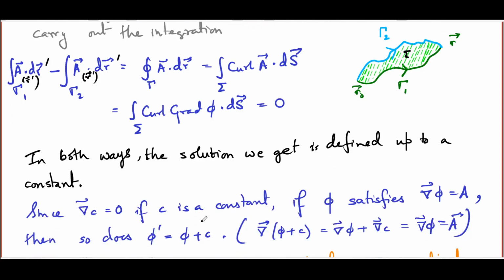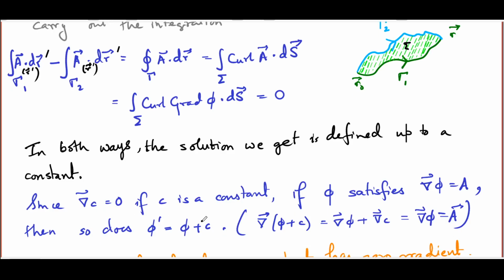In other words, gradient of a constant c is 0. And therefore, if phi satisfies grad phi equals vector A, then so does phi', which is defined to be phi plus c, where c is an arbitrary constant. It's easy to check that gradient of phi plus c, that is gradient of phi', is grad phi plus grad c. And grad c being 0, this is the same as grad phi, that is A. So phi' and phi will definitely have the same gradient if they differ by a constant function.